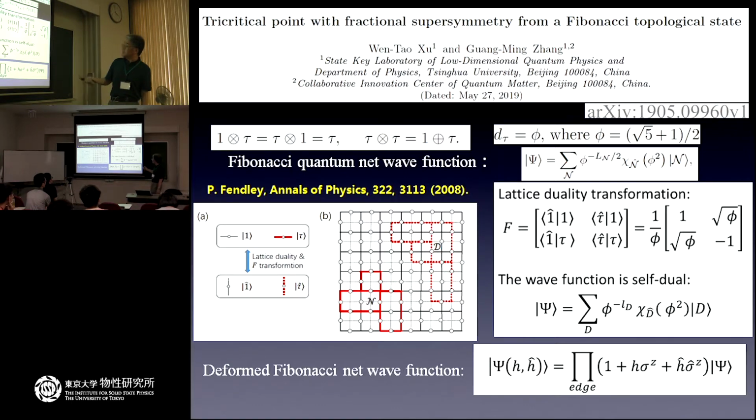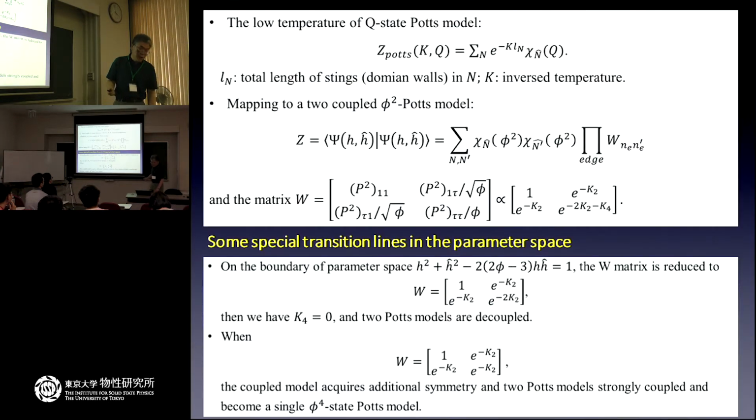But in this case, you see the deformed wave function we have for the Fibonacci topological phase is in this form, in terms of so-called chromatic polynomial function, which is slightly complicated. And also you see that the norm of the wave function now becomes two coupled phi-squared Potts models.